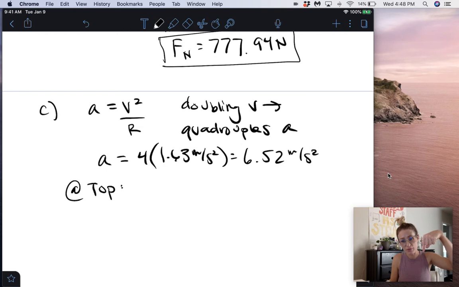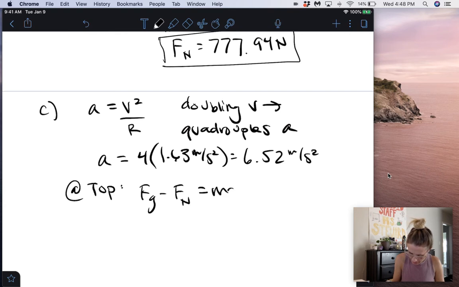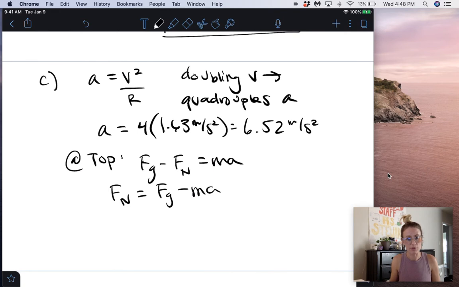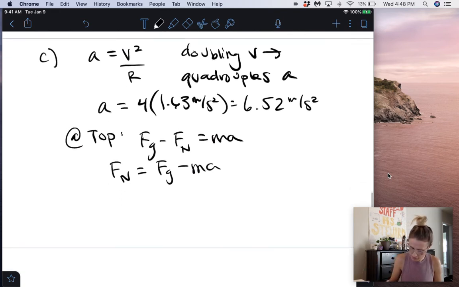So at the top, again, remember downwards is the acceleration at the top. So we get force of gravity minus the normal force is equal to mass times acceleration. Solving for normal force here, we get normal force is equal to force of gravity minus mass times acceleration. I just added normal force to both sides, subtracted mass times acceleration from both sides.